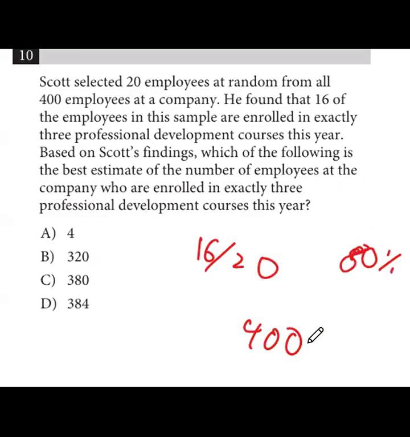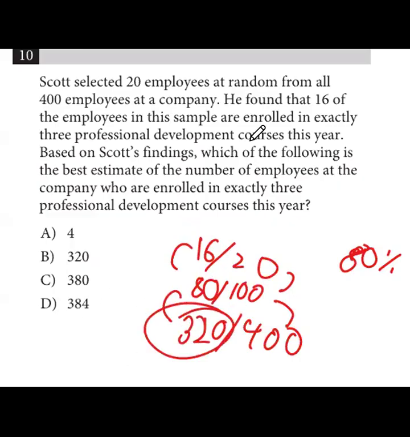So what's 80% of 400? A simple way would be doing 80 out of 100, and then you just multiply by 4. That gets us 320 out of 400. So the correct answer is 320, or answer choice B.